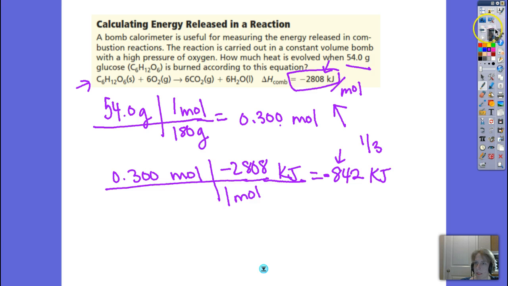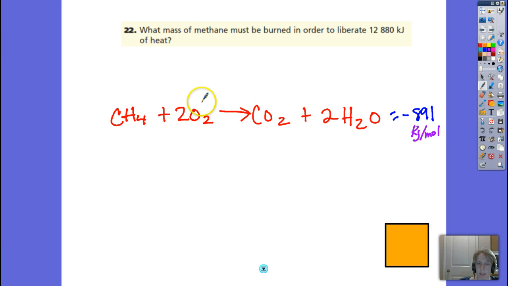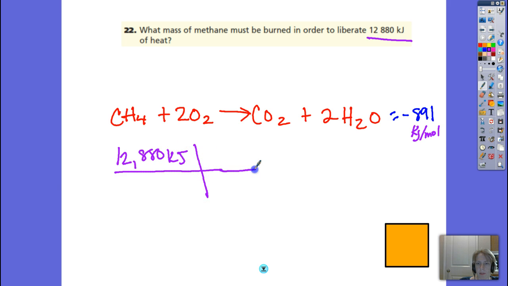And let's look at one more. Here we have: what mass of methane must be burned in order to liberate 12,880 kilojoules of heat? So we're going to start with our given. We have 12,880 kilojoules, and we can use the reverse of our conversion factor. So they gave us that for 1 mole, it's going to give off negative 891 kilojoules.